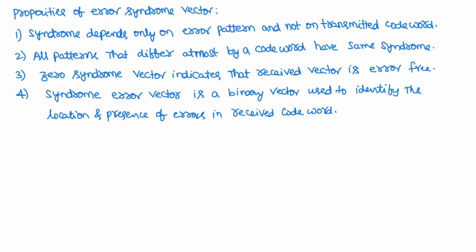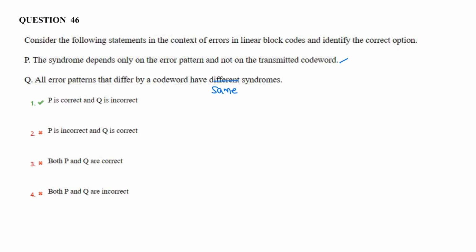So syndrome can be defined as a mathematical tool used in linear block codes to detect and correct errors in the received code words. A non-zero syndrome indicates the presence of errors. Syndrome is a function of the error vector, not the transmitted code word. Statement P is correct, Q is wrong.